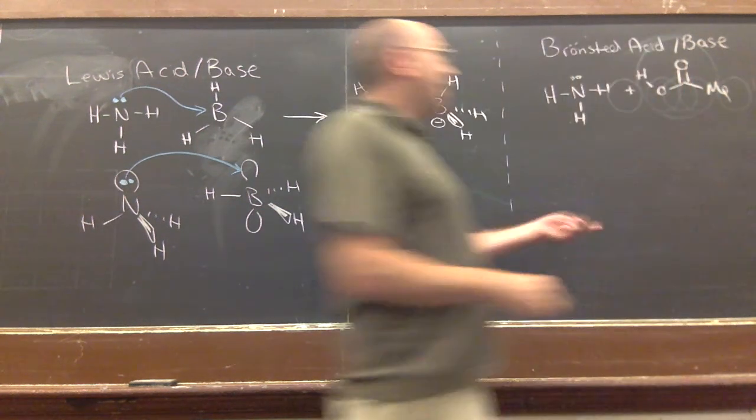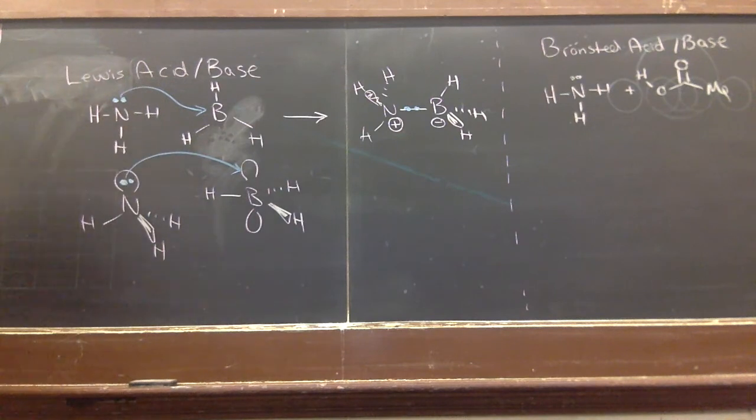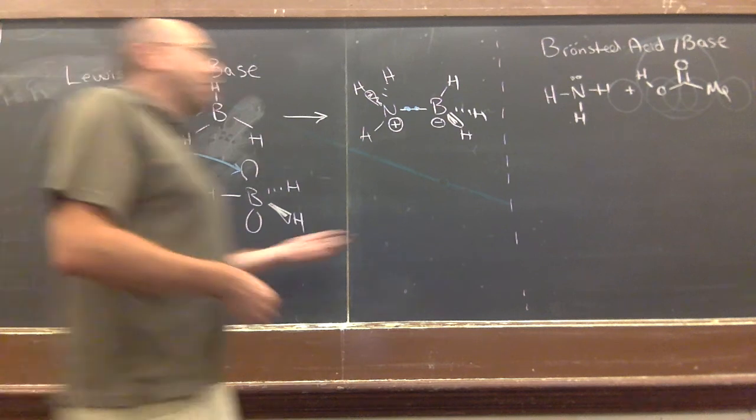So this is ammonia again, and that's acetic acid. And again, we know that ammonia is fairly basic. We know that acetic acid is an acid, and so we know that these are going to react together.